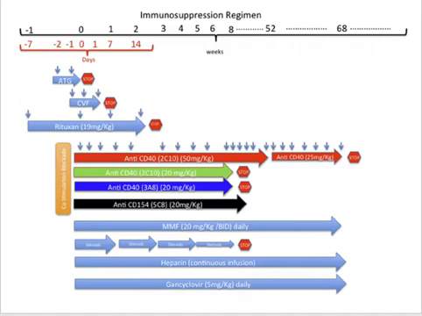We haven't really talked about how to use these drugs. And I think the key concept here is that this is a pretty typical example of an immunosuppression type regimen.